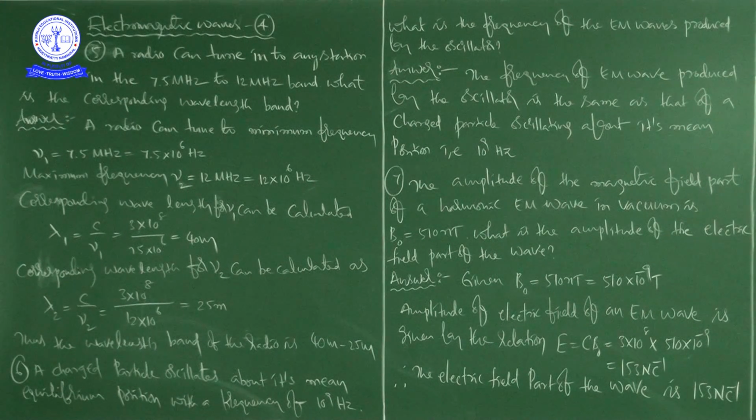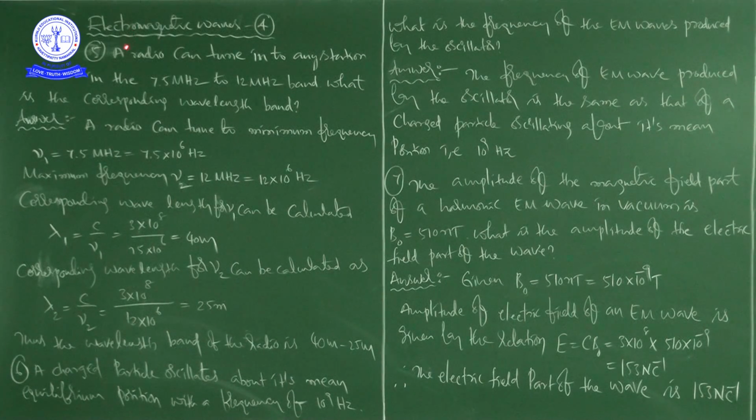So finally, they have given the frequency band of tuning of a radio, that is 7.5 megahertz to 12 megahertz, and they are asking for the corresponding wavelength band.